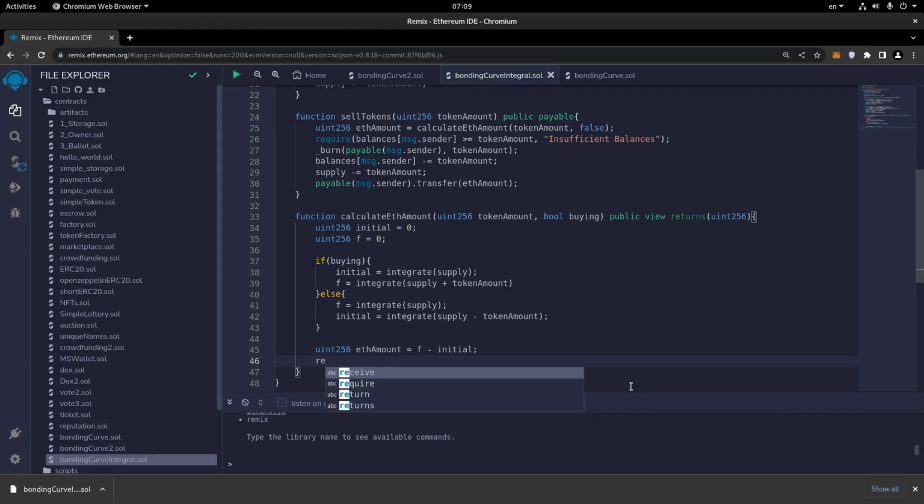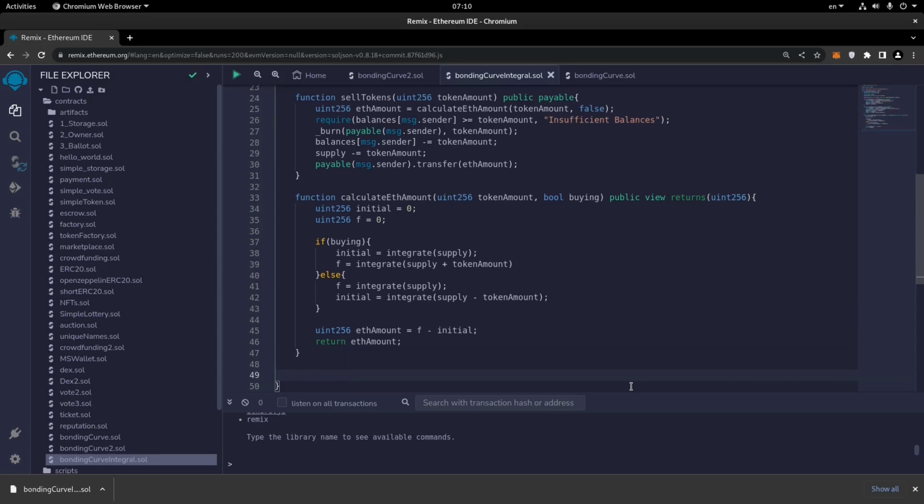And then we'll be able to return it. So return ETH amount. Here we go, and that's it for this function. So here, notice that we should also write the integrate function. So we'll write function integrate. So we'll get the uint256 number.